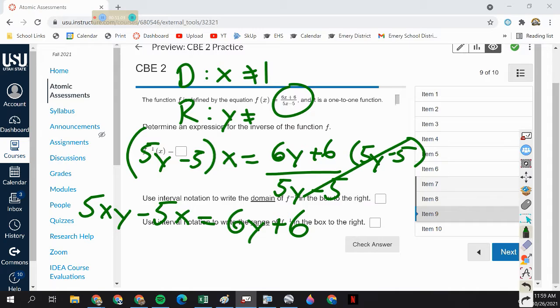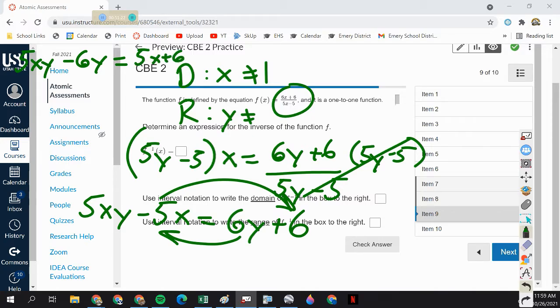Now I need to get the y's by themselves and move everything else to the other side. So I will add this over and I will subtract this over. 5xy minus 6y is equal to 5x plus 6. And then this is the hard part. How do I get those y's by themselves? Factor it out.